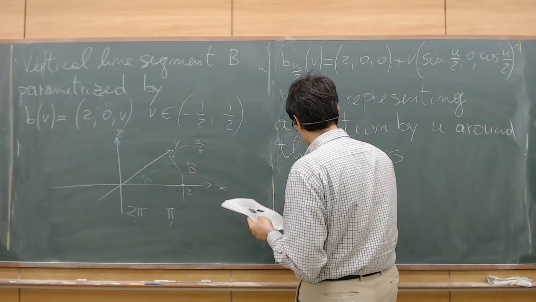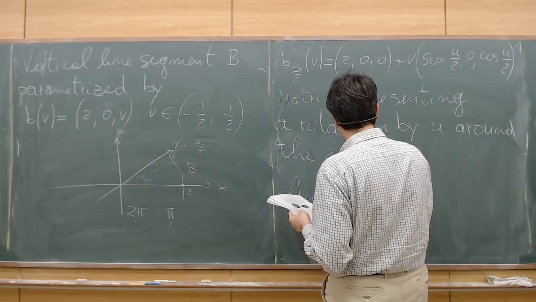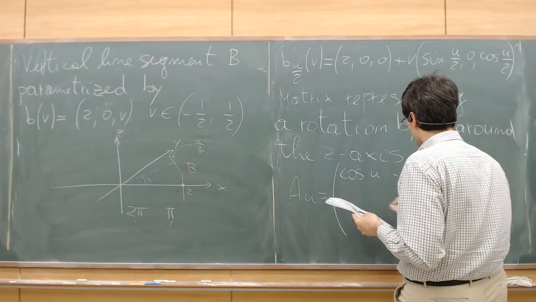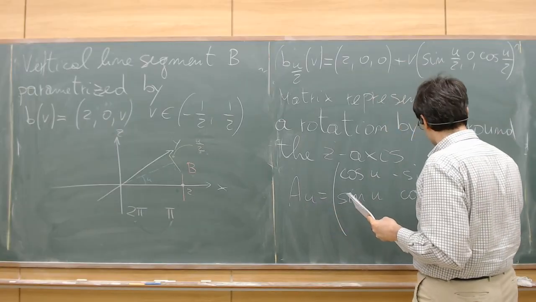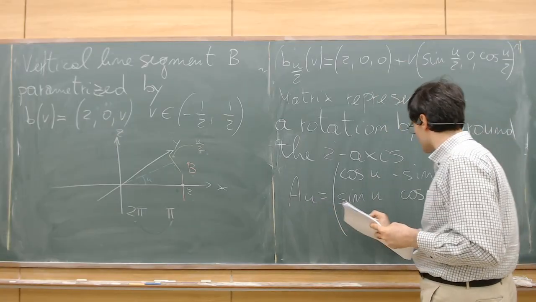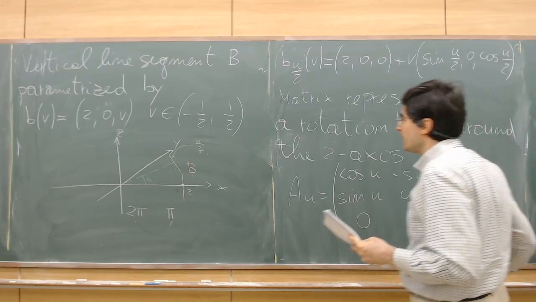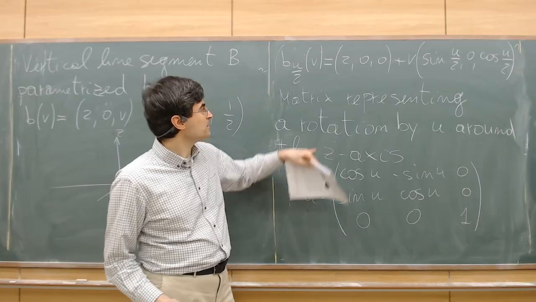This is given by A(u) equal to cosine of u, minus sine of u, 0; sine of u, cosine of u, 0; 0, 0, 1. Then we have to compose this map with this map.